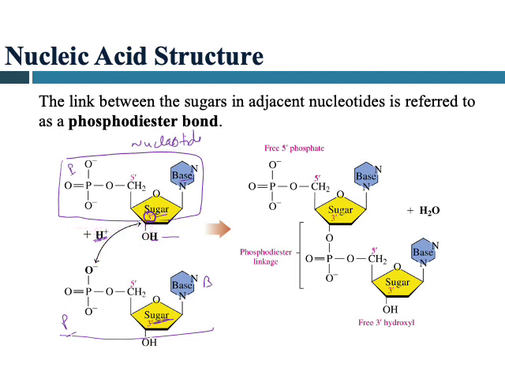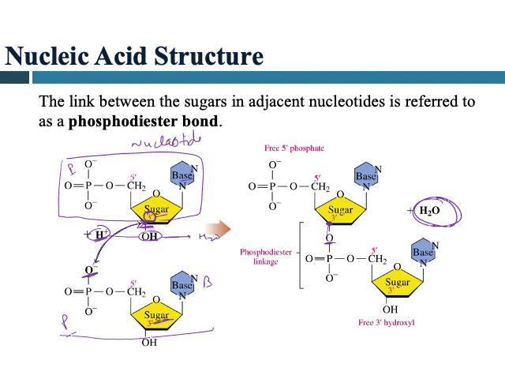So this bond is going to break and this OH and H combine together and make water as a product, right? And then now this carbon needs one more bond, because carbon needs 4 bonds, so oxygen is gonna come and bind with this carbon, and now you will see this oxygen from the phosphorus is bound to this third carbon, right? This is how you normally join two nucleotides together.